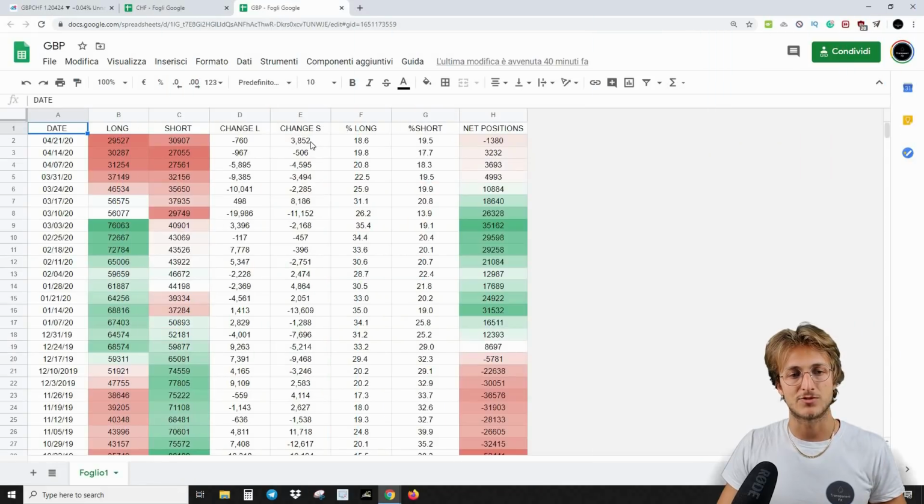What we can see with the last report is that they added 3.8K short positions and closed another 760 long positions.